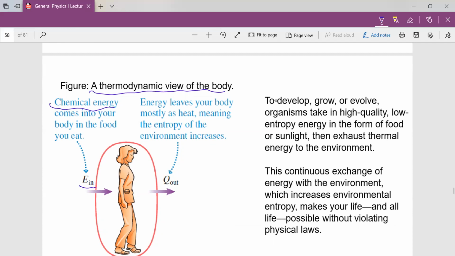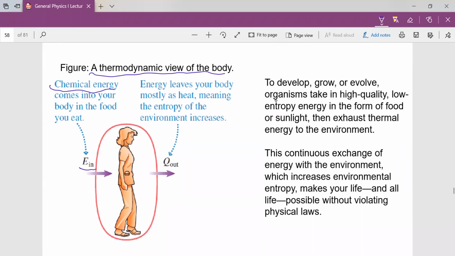The human body is an open system. Activities go on within the body that bring about the giving off of heat to your environment. So energy leaves your body mostly in terms of heat to the environment.